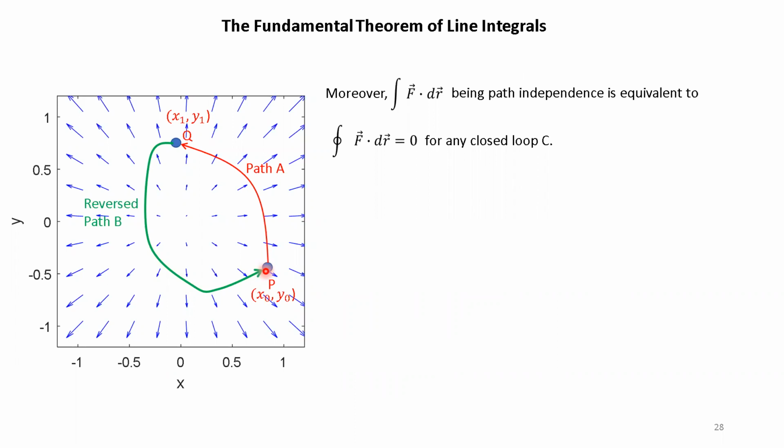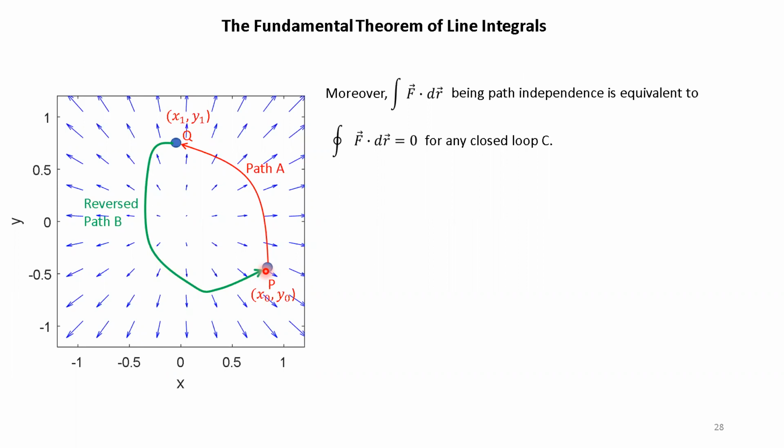So now, here I'm going back to talk about the case of the closed loop. Remember, I want to say something about it: for some vector field, if you pick a closed loop line integral, you get a zero result. For some other, you do get a non-zero result.